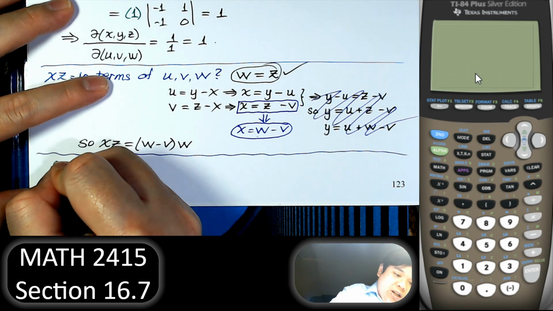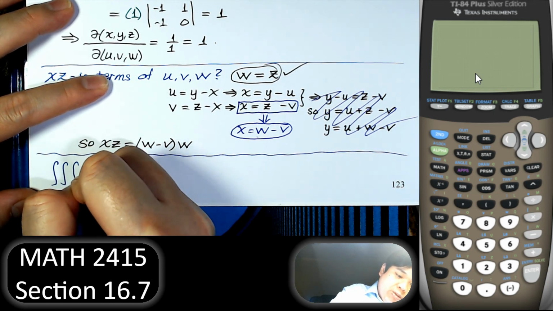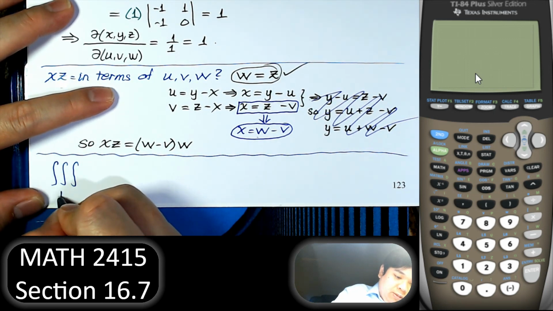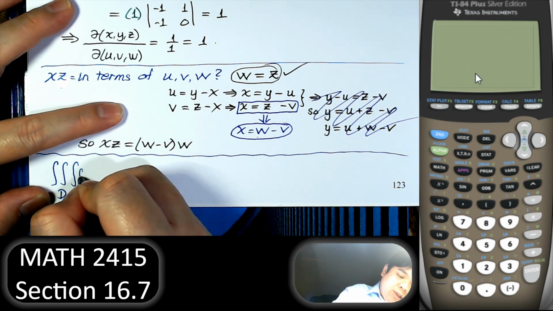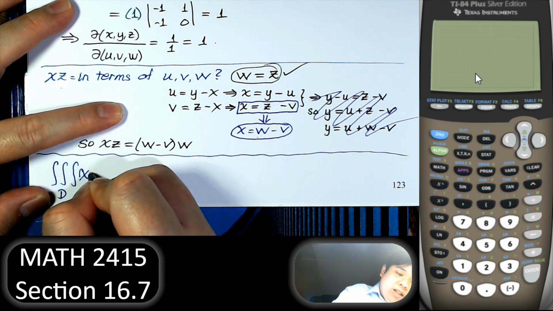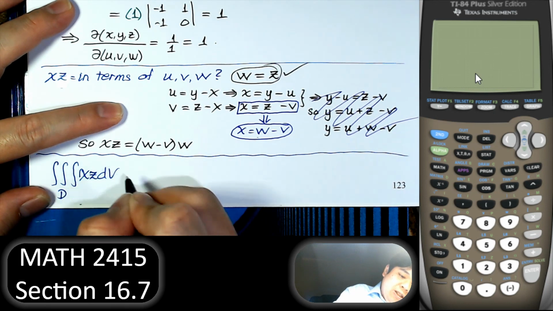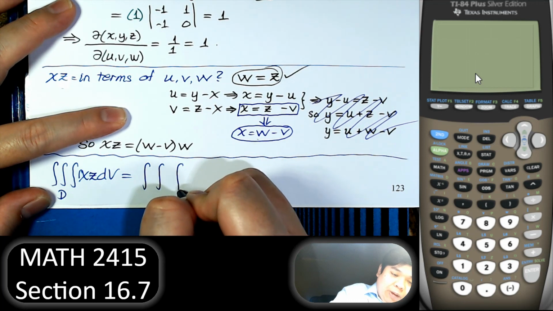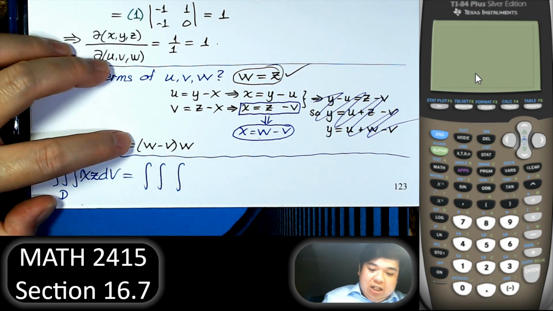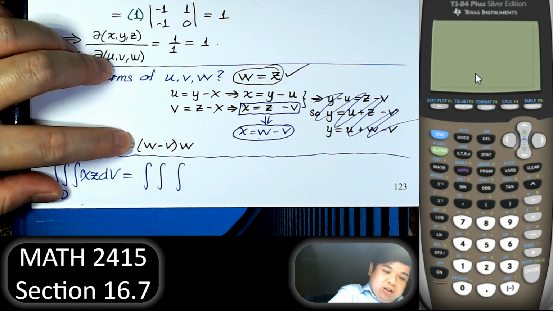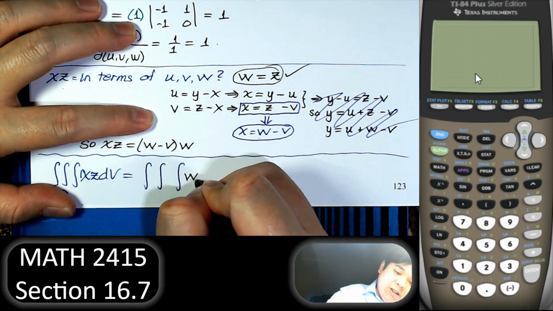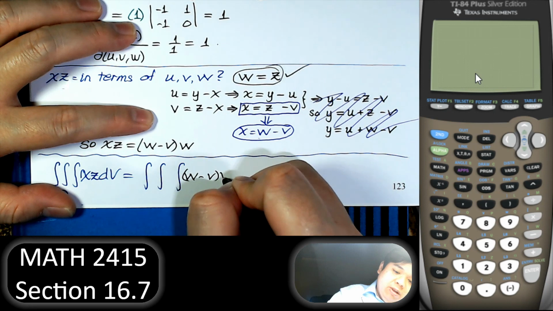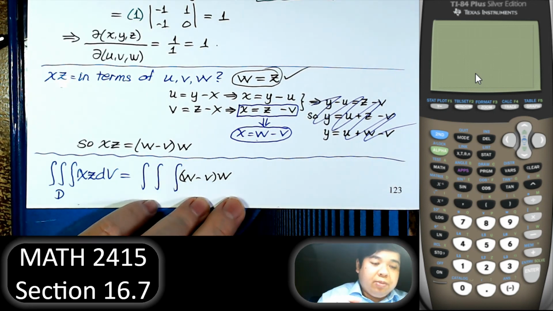We just need to write the change of variable. The function is x, z. Right. Equivalent to xz in terms of u, v, and w is this function. So we need to write the function in terms of u, v, and w, right? And then the Jacobian.